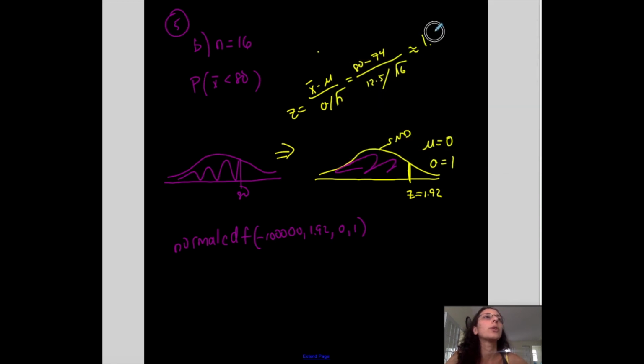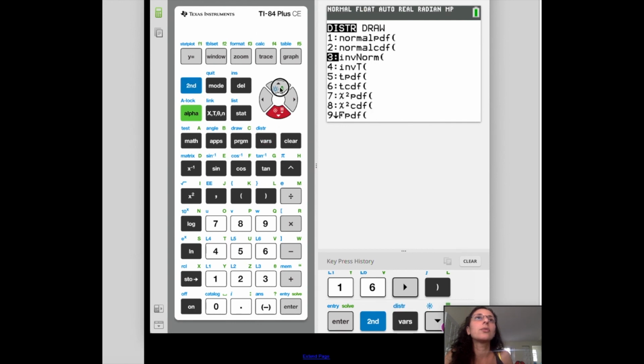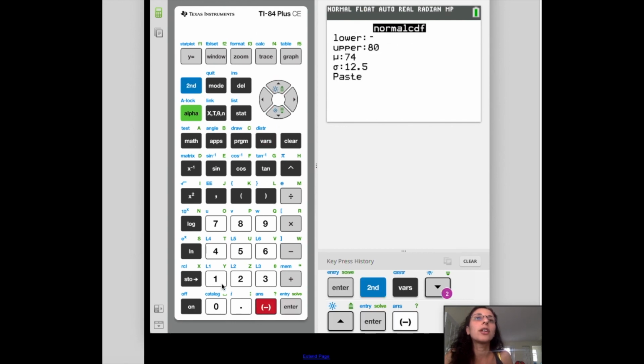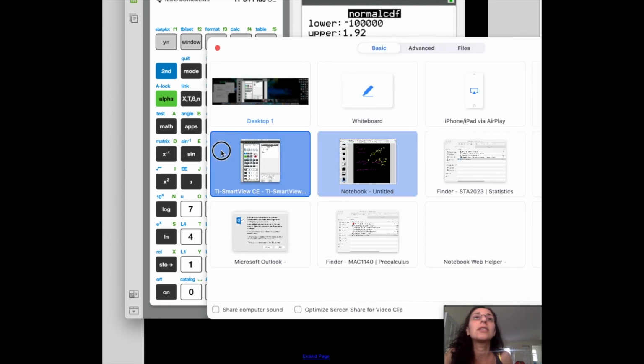So this was exactly 1.92. Let me actually do that so you guys see what it is. Second bars, normal CDF, large negative number, upper number was 1.92. And then my mean is 0, my standard deviation is 1, because I'm back to a standard normal distribution curve.